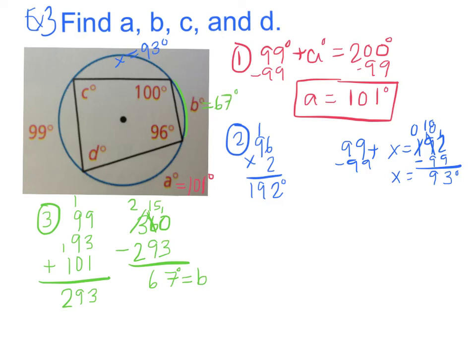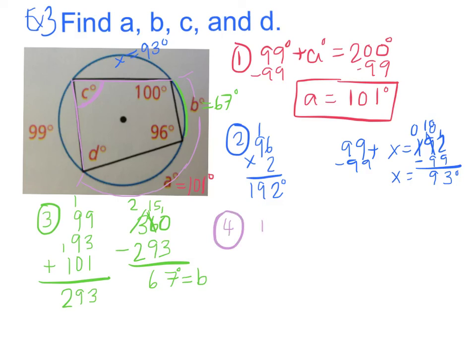Now we're ready for kind of our last portion here. So I'm going to go ahead and change colors. We need to find angle C. Now inscribed angle C is made up of the arc that goes from here all the way to here. And that angle is half of that arc. So let's see how much that arc is.